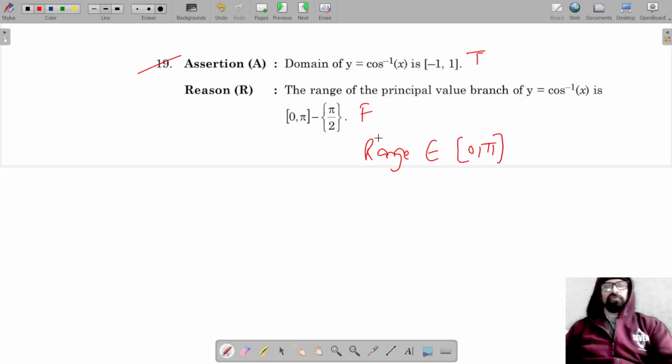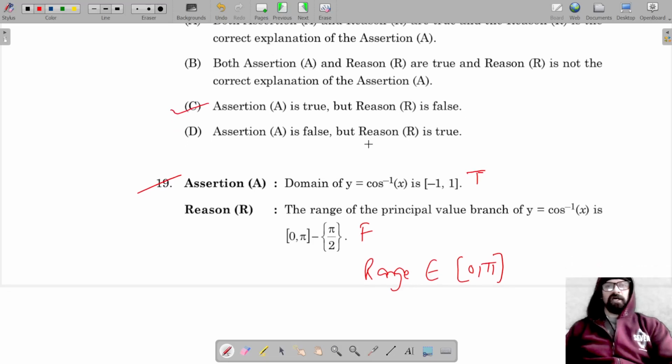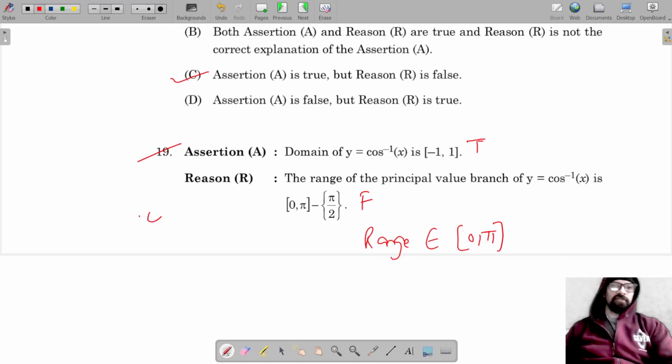So A is true and R is false, and R is also not the correct explanation of A. So our option is option C: A is true, but reason R is false. C is the correct option for this one.